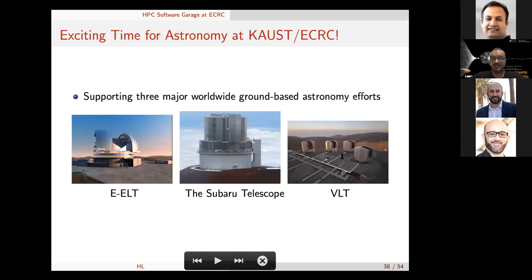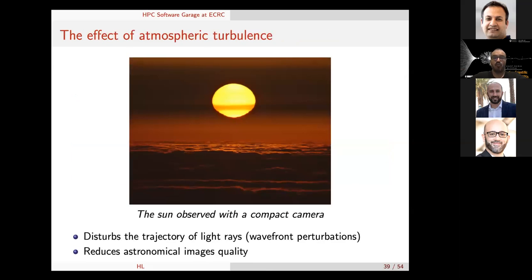Today you have those telescopes out there, and they are trying to record the light from remote stars and identify habitable exoplanets. And what are those telescopes doing? Basically, they try to outsmart the atmospheric turbulence. The atmosphere is great for humans, not so great for astronomers, because it distorts the light that comes in from remote stars.